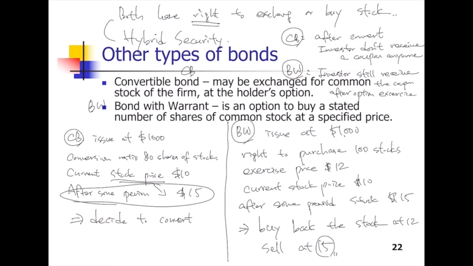These kinds of hybrid security can enjoy the upside potential. When the stock price goes up, the CB investor and bond with warrant investor can buy or convert at a low price. But generally, compared to a regular bond, CB and BW have a low coupon rate. That is the price for the right.